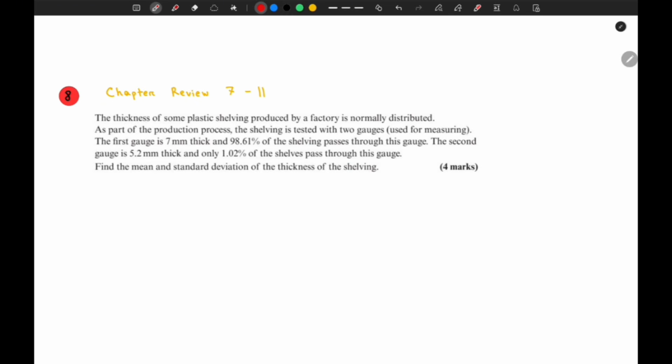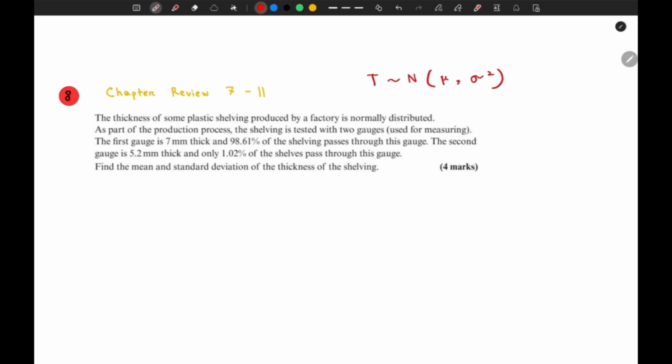This is from chapter review 7, number 11. The thickness of some plastic shelving produced by a factory is normally distributed. So we can say that the thickness is normally distributed with mean and standard deviation squared. Let's see, we know the mean value and the standard deviation.